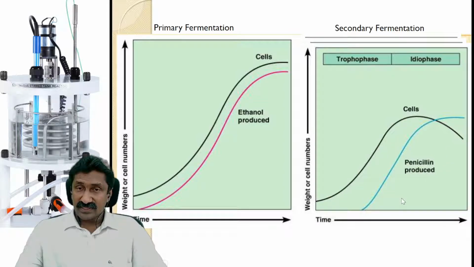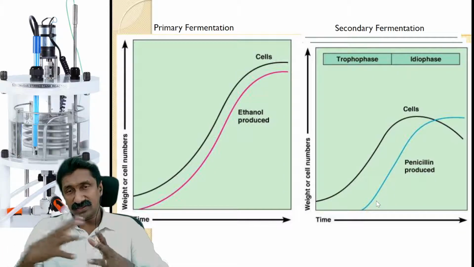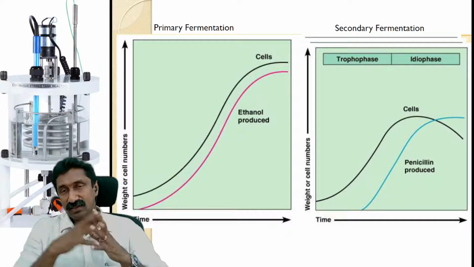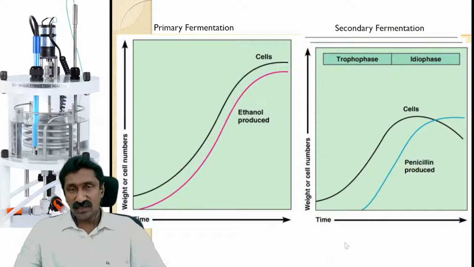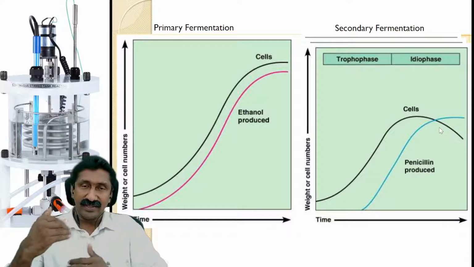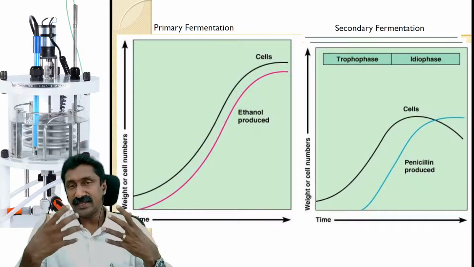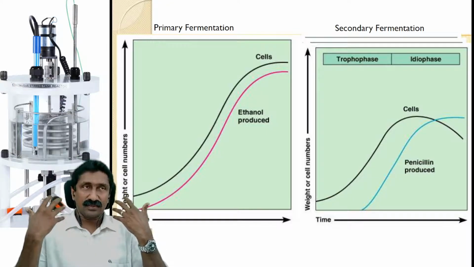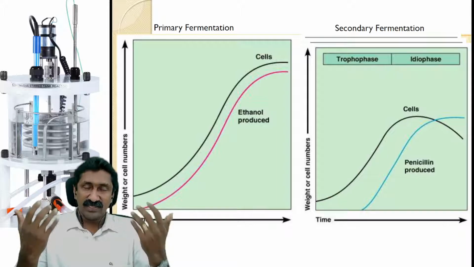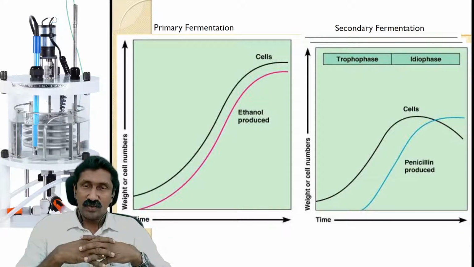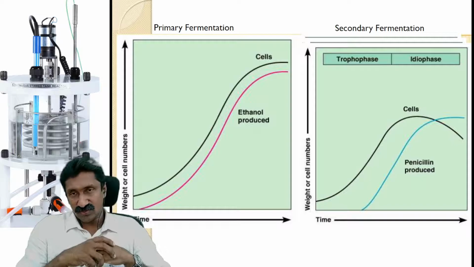The secondary metabolites, like penicillin, start production only at the stationary phase or the late log phase, and reach their maximum when the decline phase starts, after the stationary phase, when there is depletion of the nutrients.